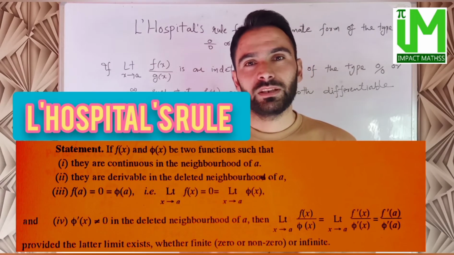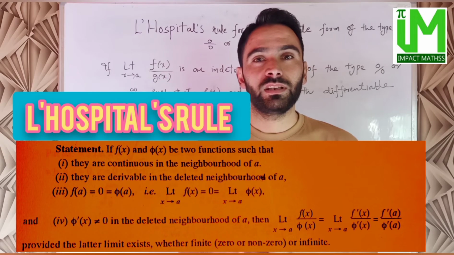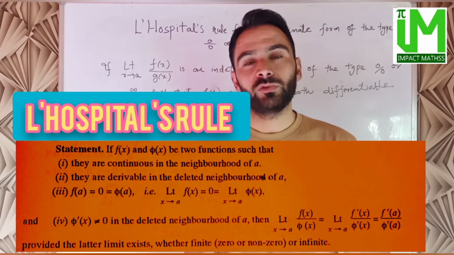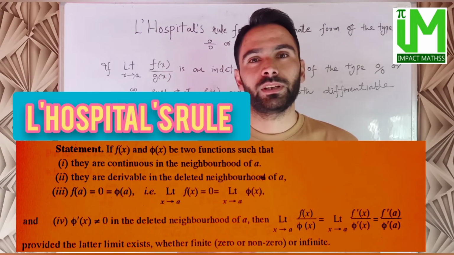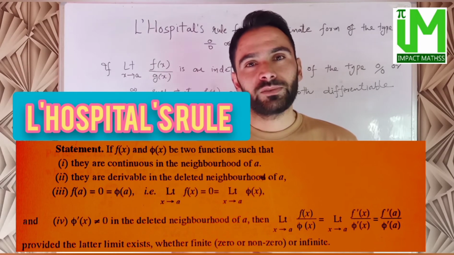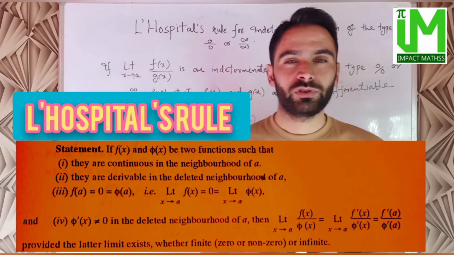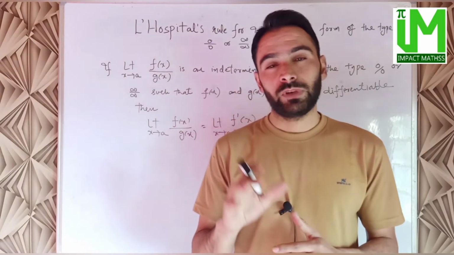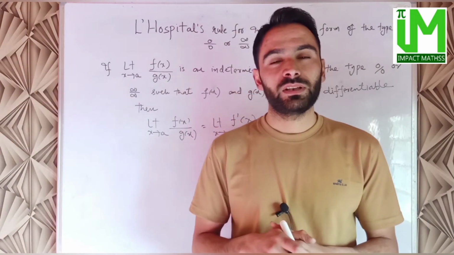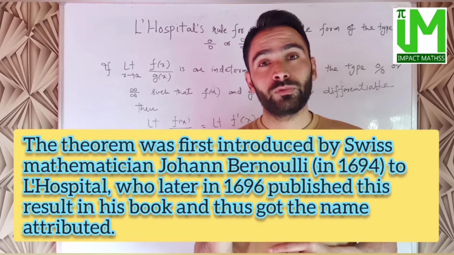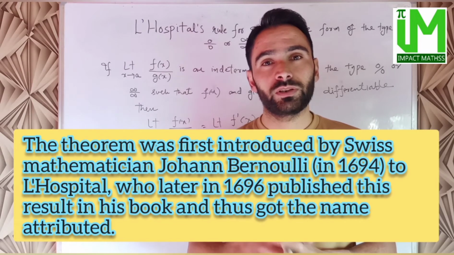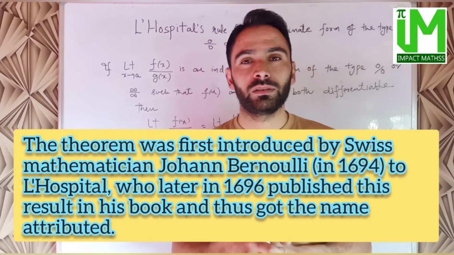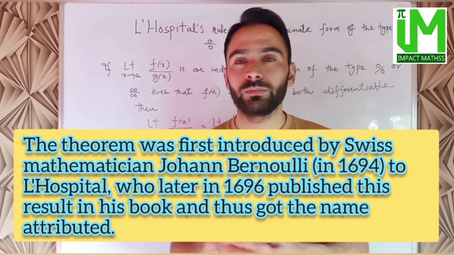Now the L'Hopital's rule for indeterminate form of the type 0 by 0 or infinity by infinity. If limit x tends to a, f(x) over g(x) is an indeterminate form of the type 0 by 0 or infinity by infinity, such that f(x) and g(x) are both differentiable functions within their respective domains, then the limiting value of f(x) divided by g(x) equals the limit of the derivative of the numerator divided by the derivative of the denominator.